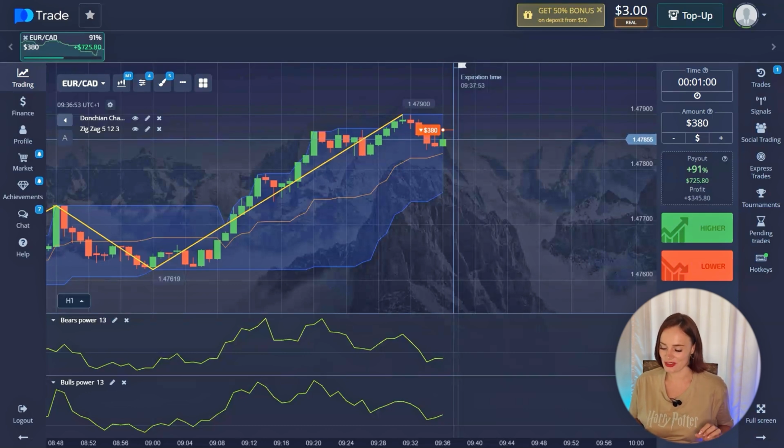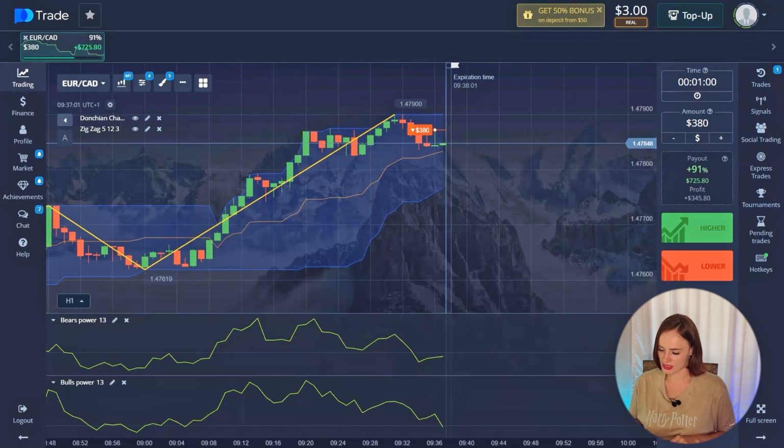And indeed, the first half of the transaction went as I expected. The candle left a long upper shadow. So the signals of the Bears and Bulls Power indicators confirmed my forecast, and sellers were stronger than buyers.